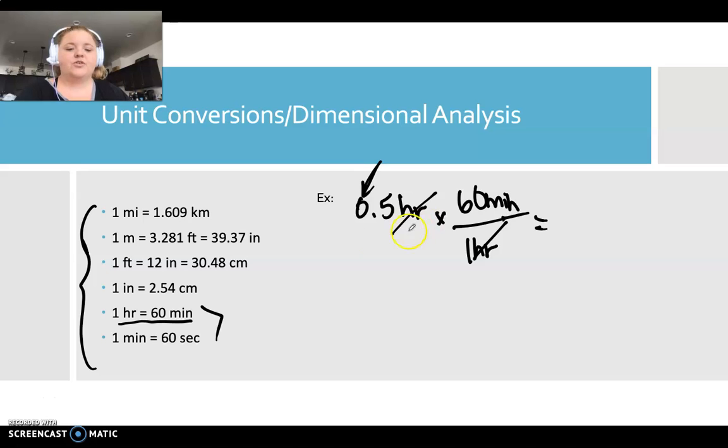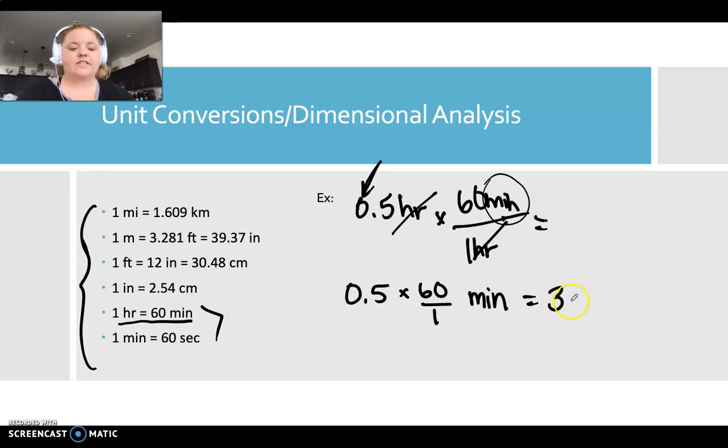Now I have my units of hours canceled, and I'm just left with minutes. So now I have 0.5 times 60 divided by 1 minutes. Maybe rewriting it like this might help. Then half of 60 is 30 minutes.